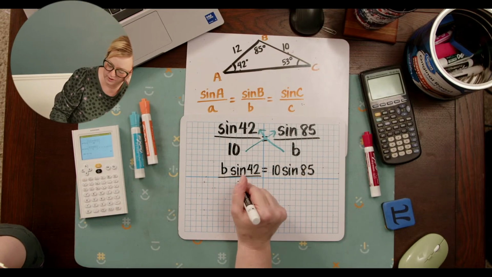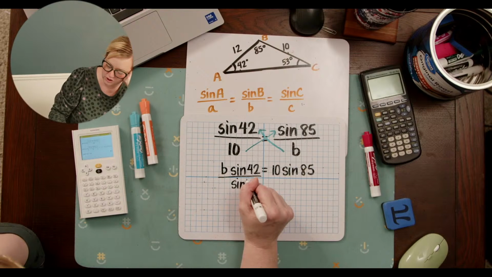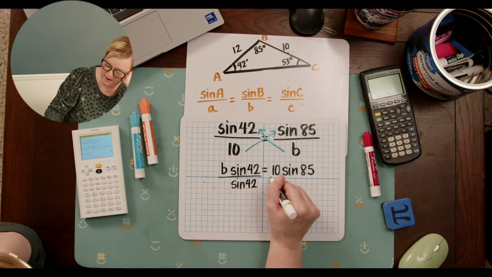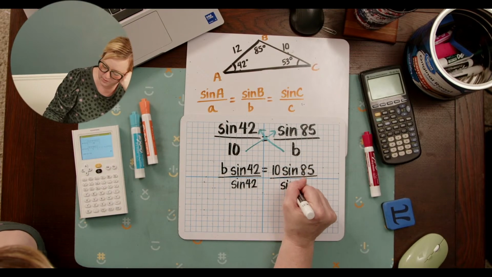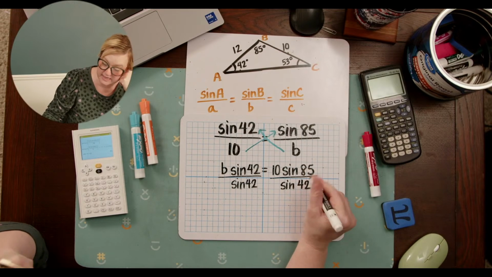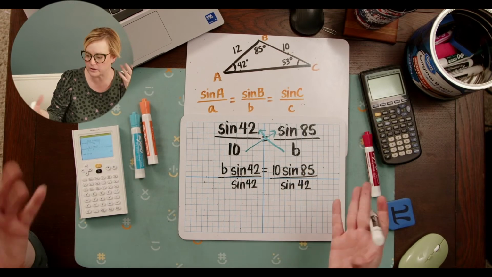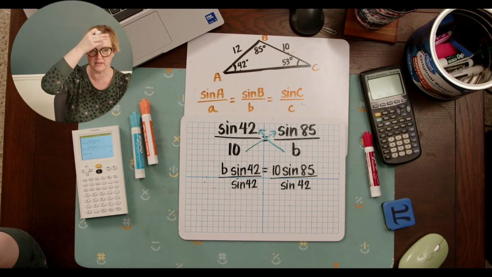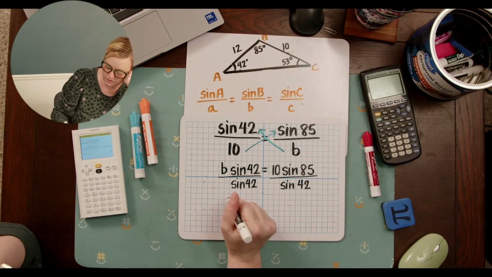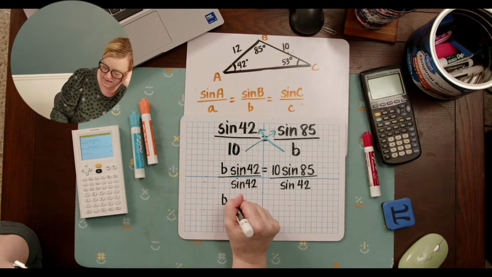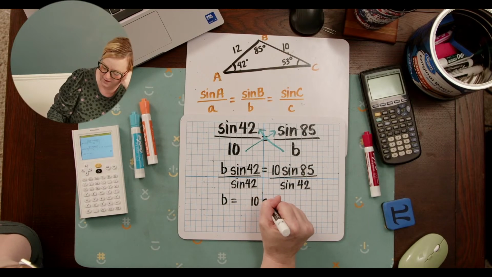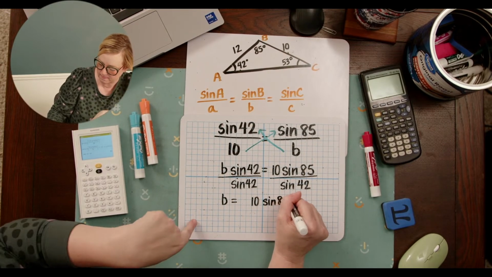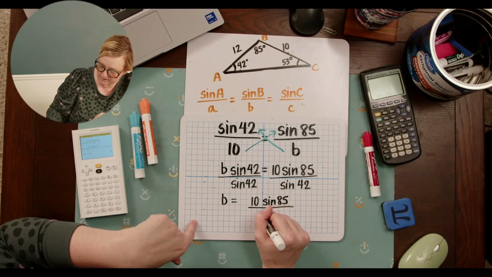Divide by sine 42, because whatever sine of a number is, it is an actual number. Like it is an actual value, right? Like you can type it into your calculator, you can get a big ugly decimal, but so now we've got b equals 10 sine 85 over sine 42.